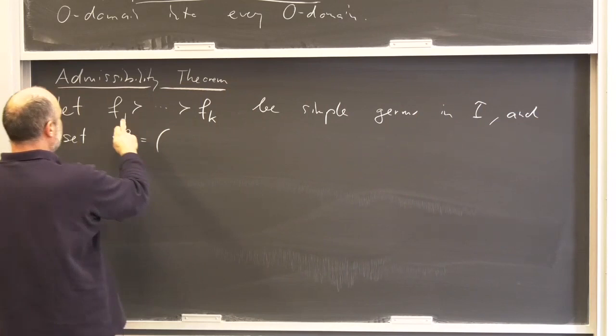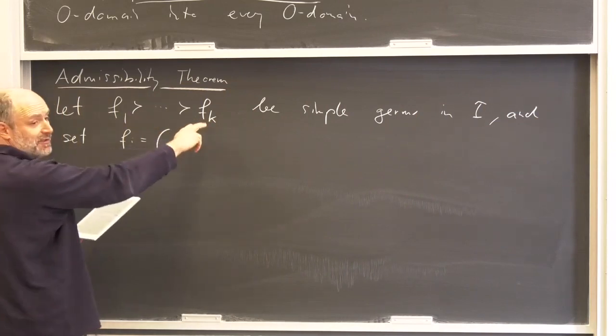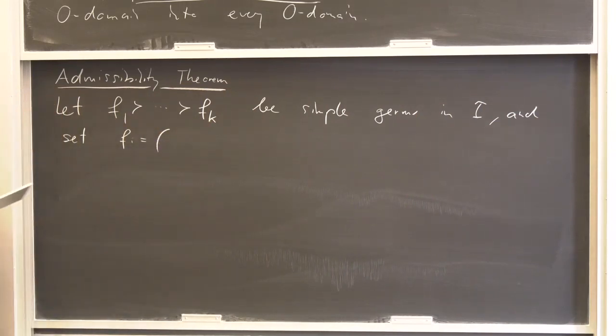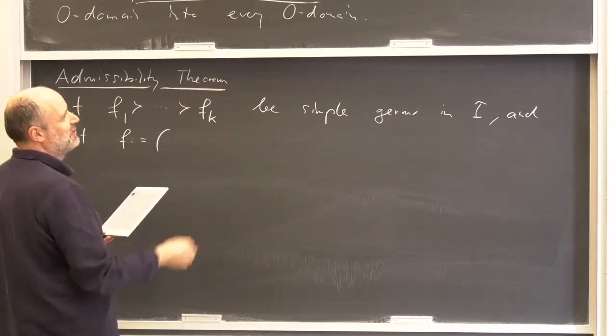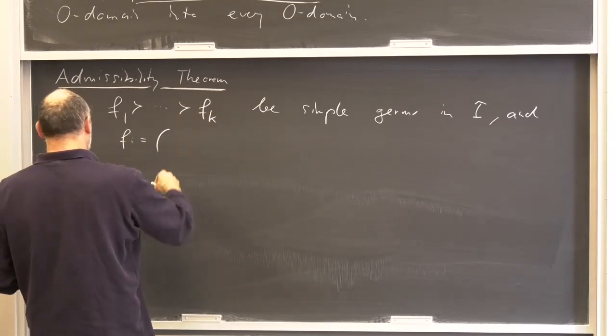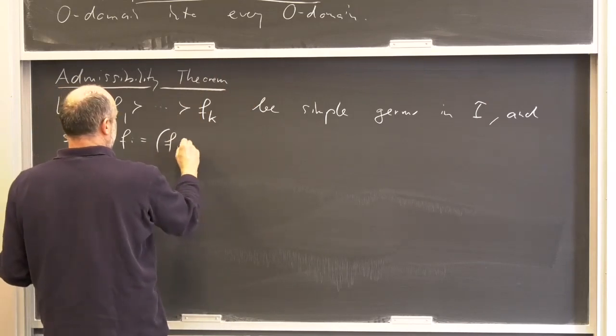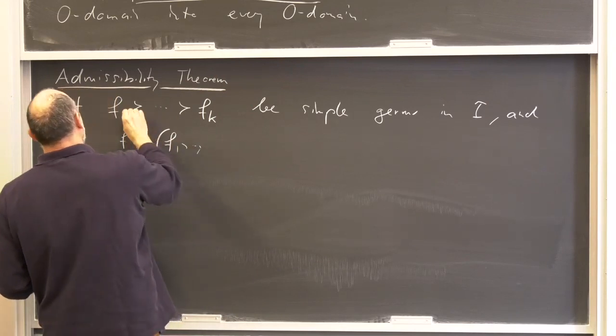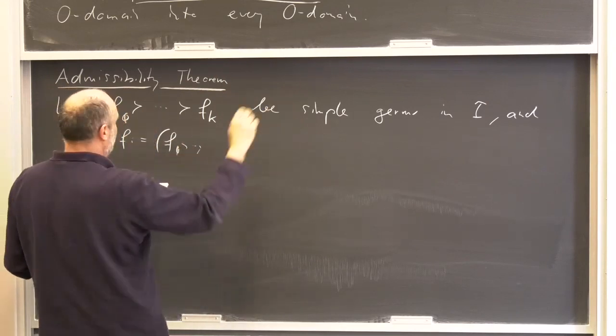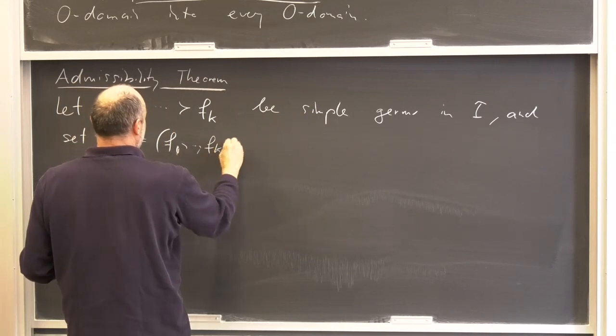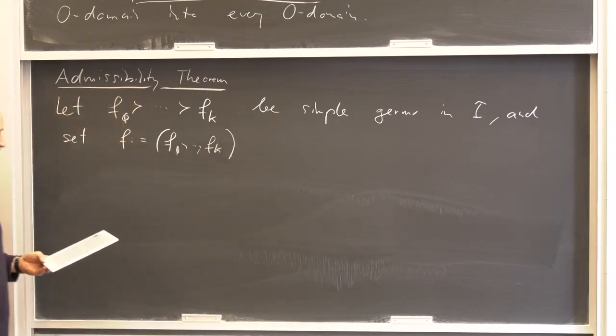Generally, when I have a tuple like this with these indices, when I write the corresponding letter without the index, I mean the whole tuple. I don't want to put bars on because I use bars on the board here for these homomorphic continuations. Or F1, why not F0 like I have it over there? Doesn't matter, of course.